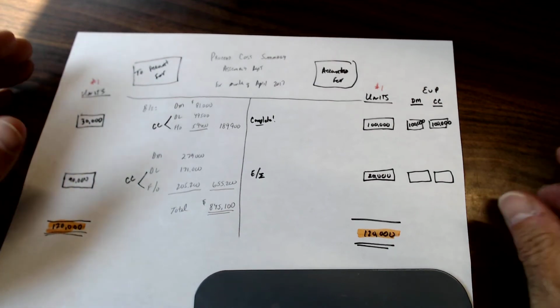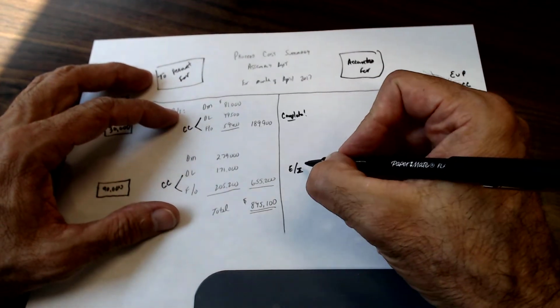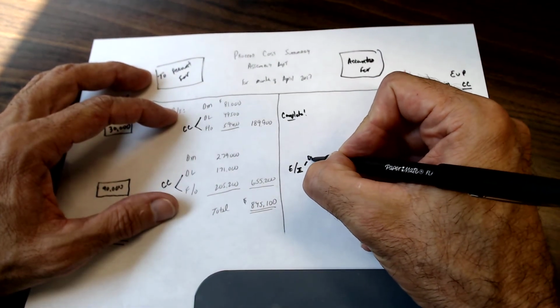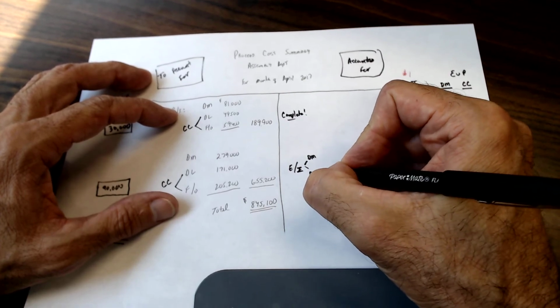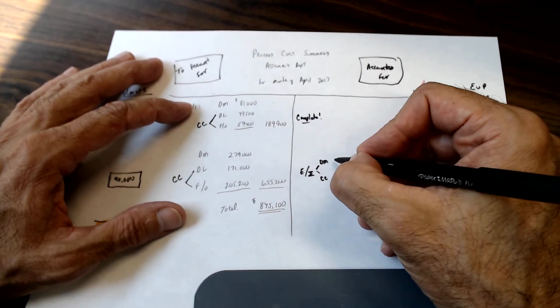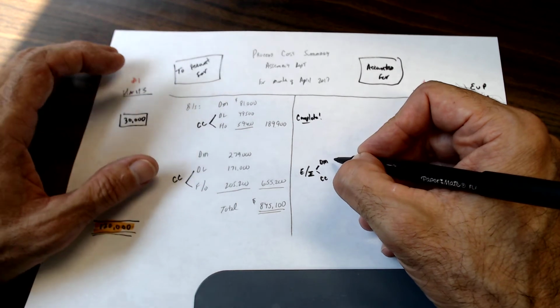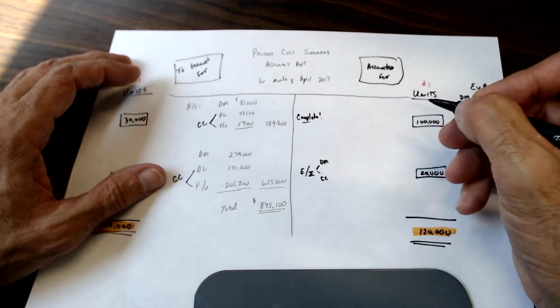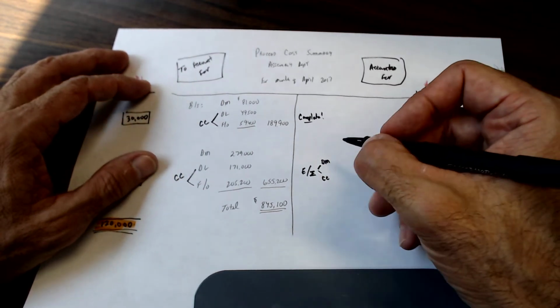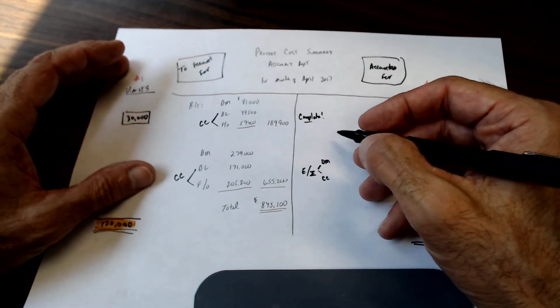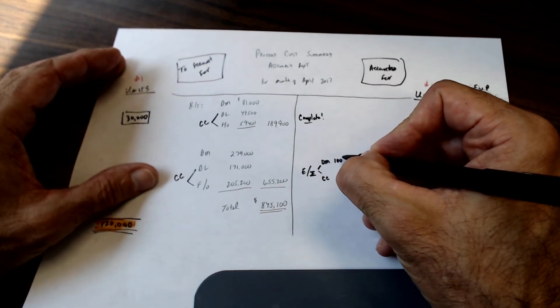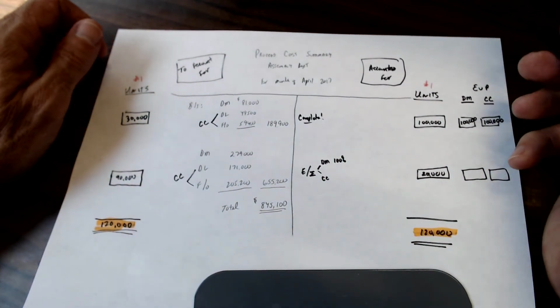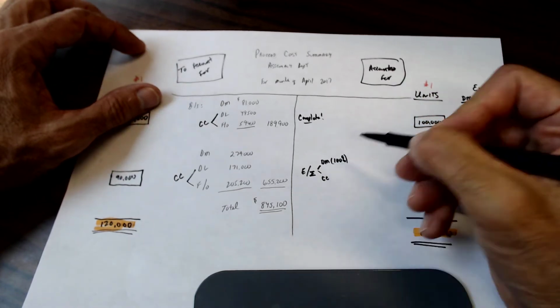They are totally done. But ending inventory, in terms of direct materials, how complete are they? Well, we said that the materials are added at the beginning of the process, and just by virtue of the fact that they're in process, they have got all their materials from my department, 100% complete with regard to materials.